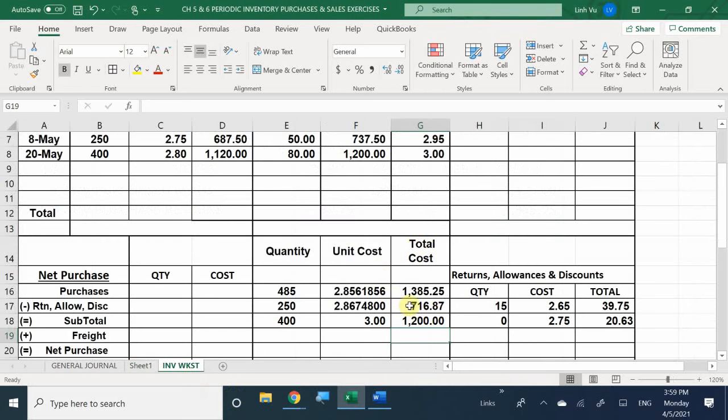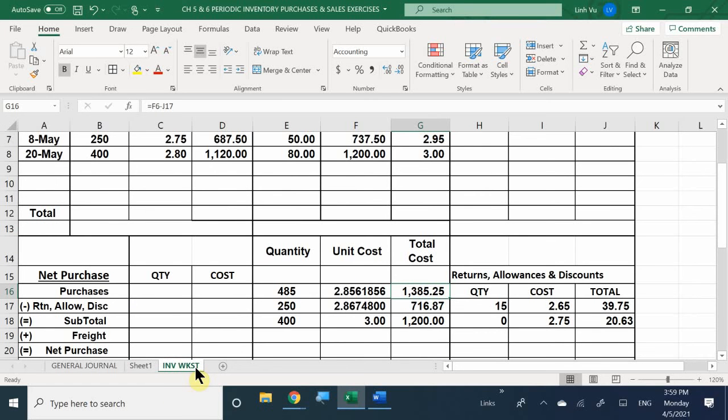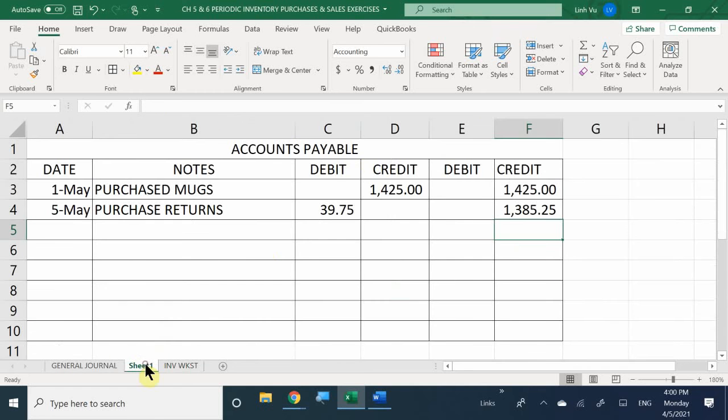That's exactly how much we owe right there. Accounts payable is what you owe, right? And when we debit what we owe, we decrease our liability. So here we decreased our amount to be $13.85.25.